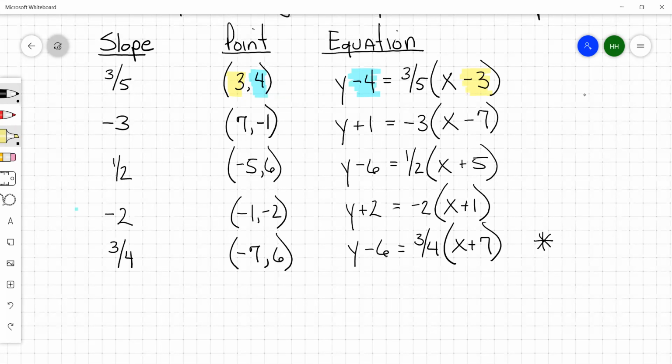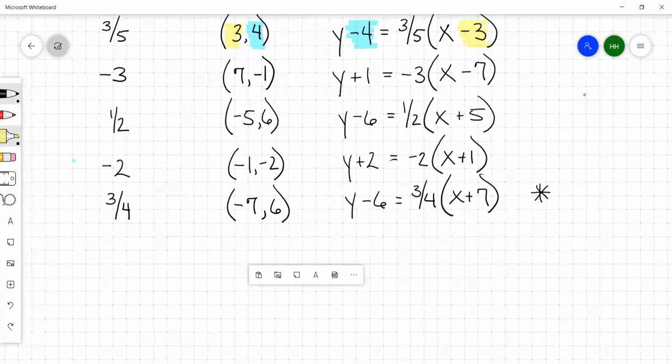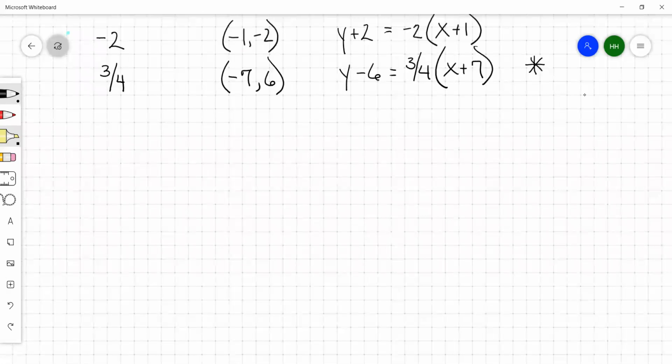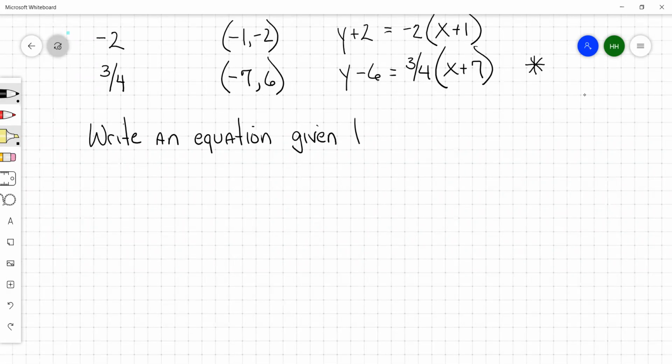All right, the second thing you're doing today is you're going to be writing equations given 2 points. So when you're writing an equation given 2 points, you have to find the slope first.